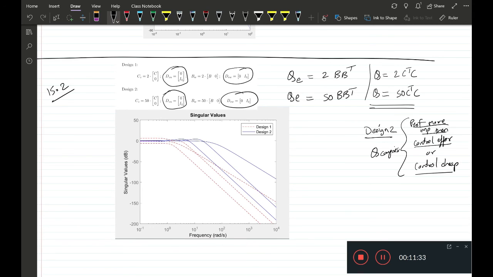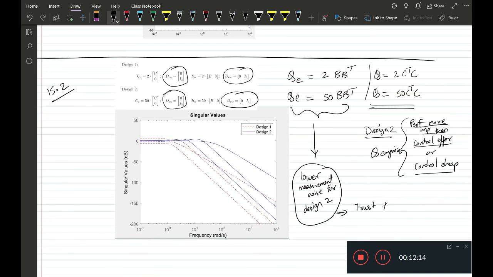Now this is based on the Q comparison. Again, by comparing the QEs, what we see is that the REs are the same, so QE for design 2 is much higher, which would mean that we have a much lower measurement noise for design 2, which would again mean that we can trust the measurements, and therefore have a fast observer dynamics.